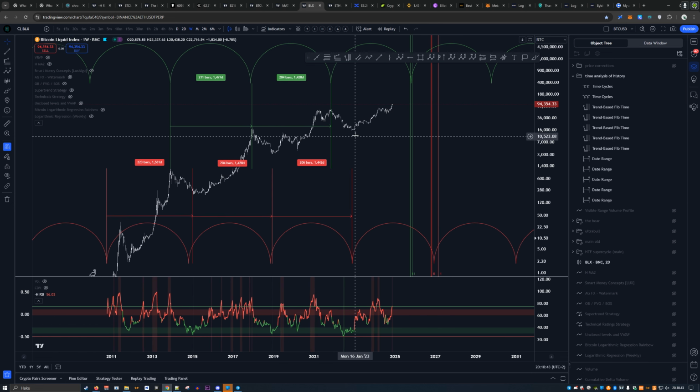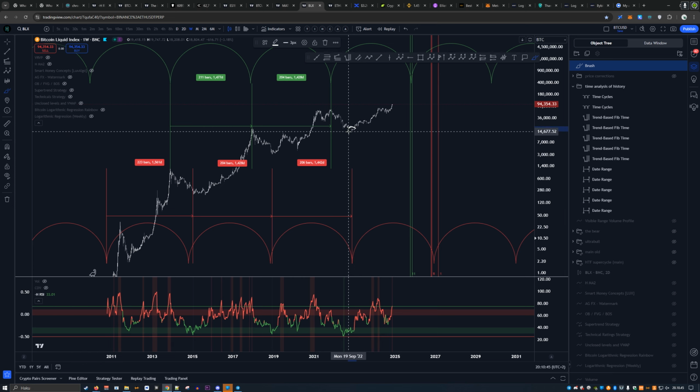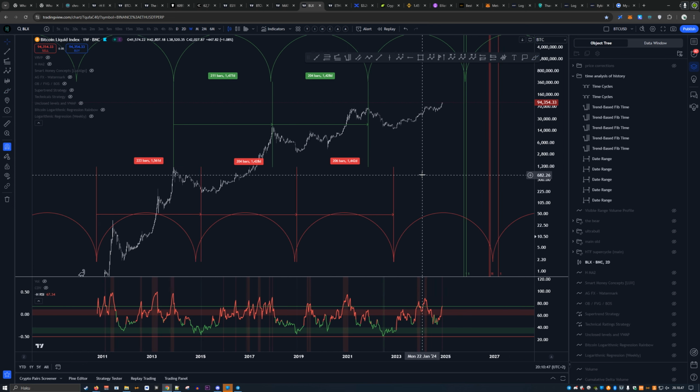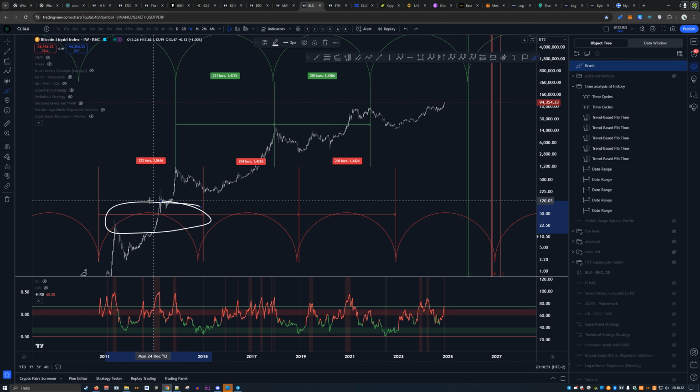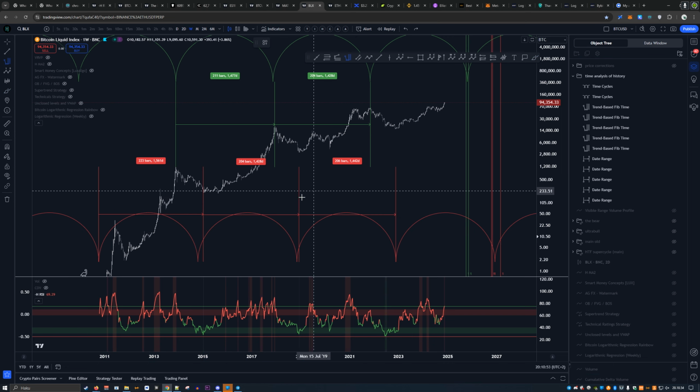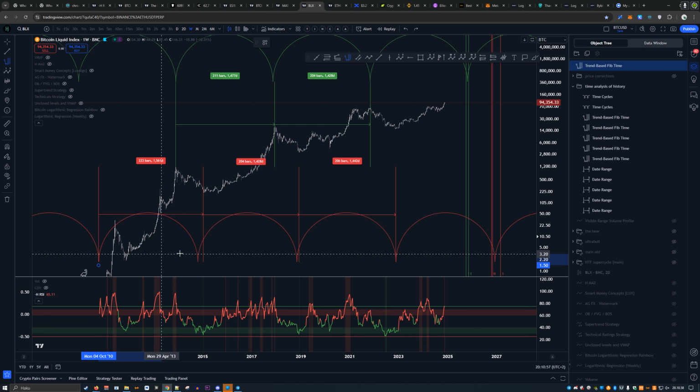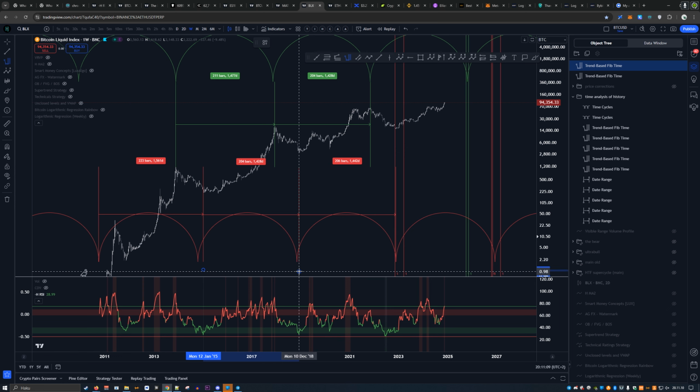And how we could have predicted this previous bottom as well is by looking at the previous 2 cycles and pivoting from here. So let's take a look at how that happens. Using the trend-based Fib time tool, looking from a bottom to another bottom and pivoting that from here, and also from a bottom to another bottom and pivoting it from that same place.